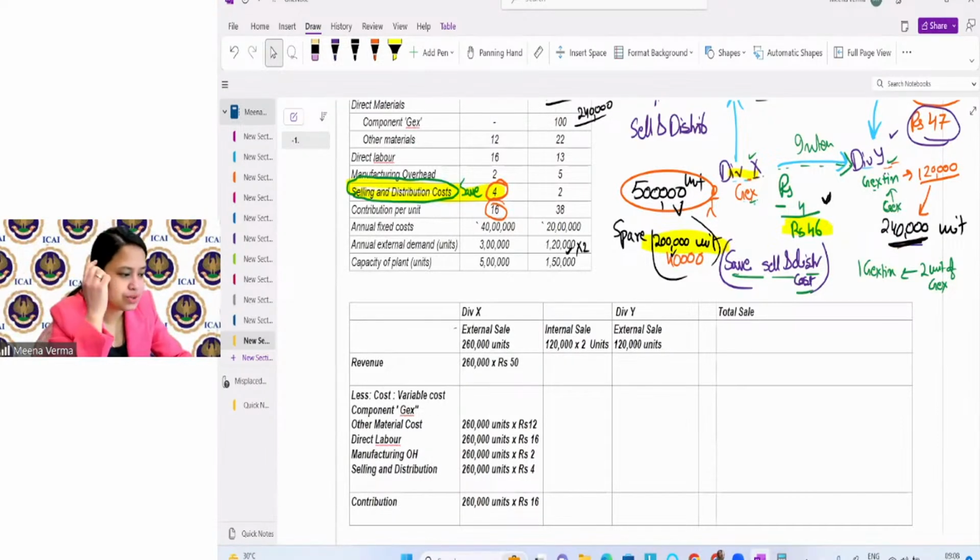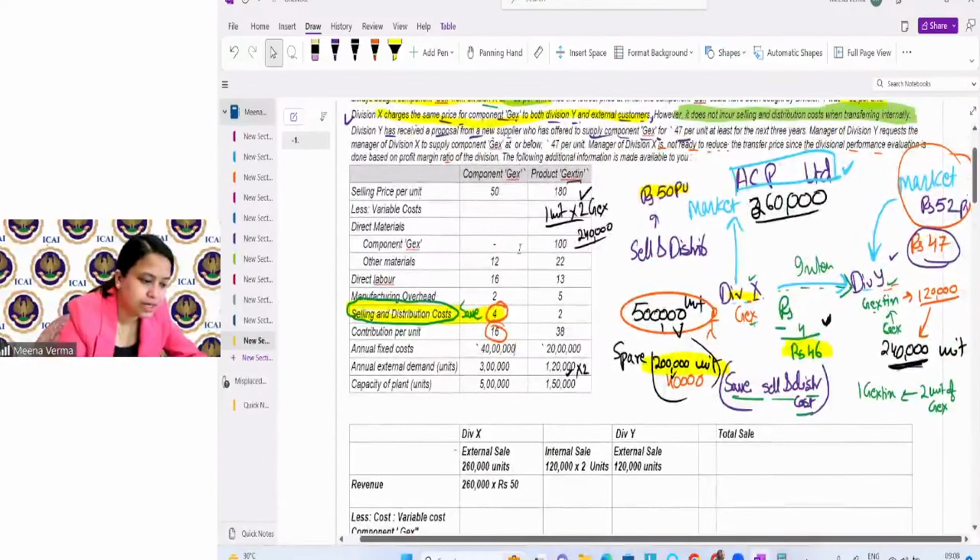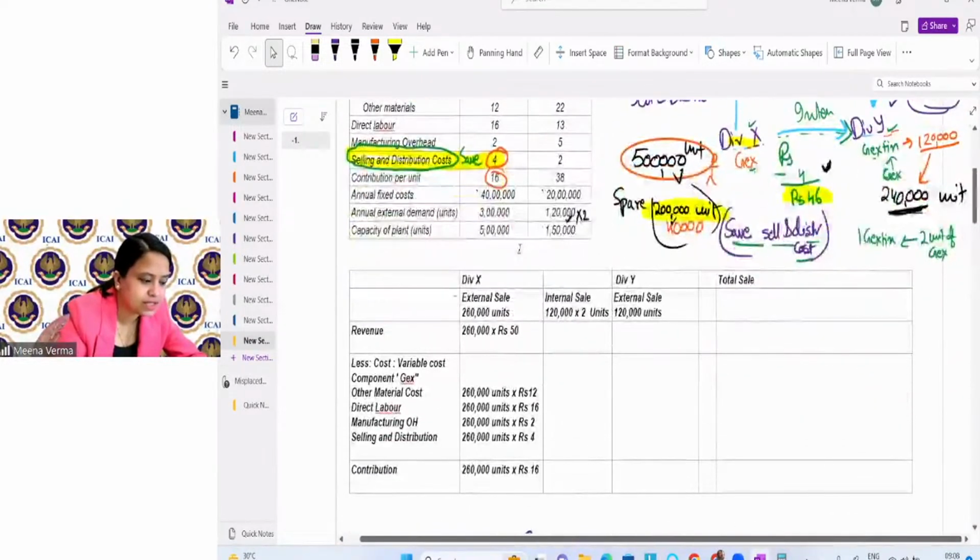This is the contribution. Annual external demand. What is the annual fixed cost? Now look, this is the fixed cost for both, internal and external. I will consider this later on, and then we will get the profit.